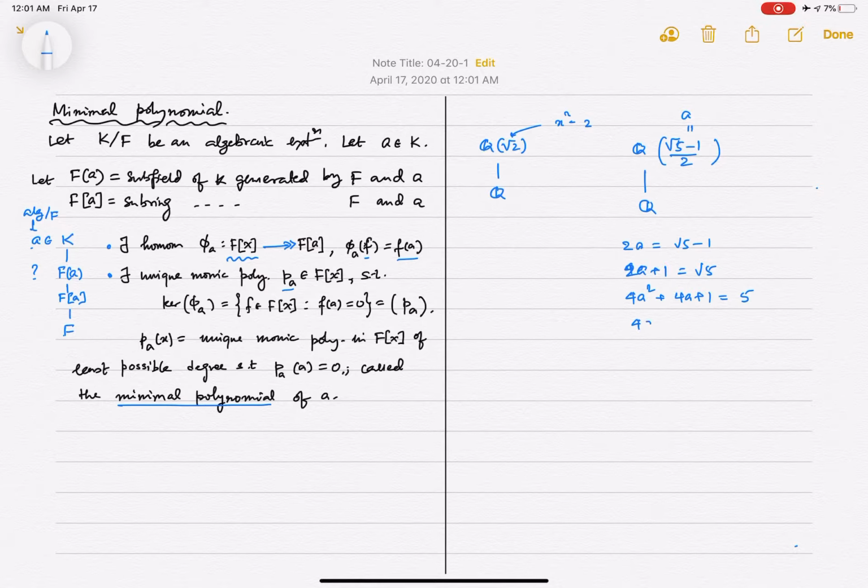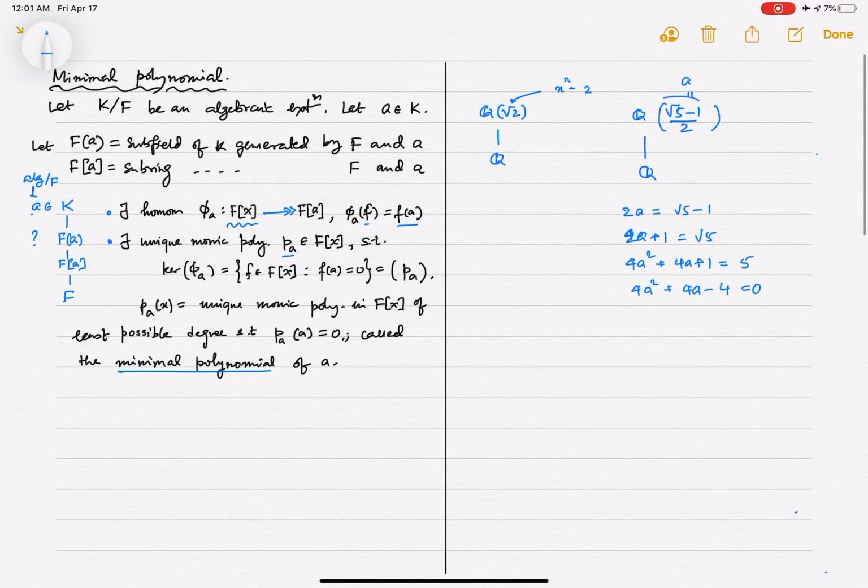If you subtract 5, you get 4a squared plus 4a minus 4 equals 0. So here is a polynomial with rational coefficients that this number satisfies. It's not monic, so if I divide by 4, I get something monic. So this is p_a(x). It clearly doesn't satisfy anything of degree 1, so this is the lowest degree polynomial that it satisfies.